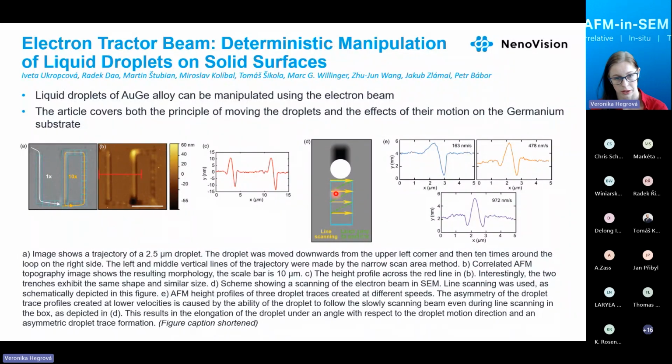When she scanned a line with the e-beam, it created this pattern. And as we can see in the topography, there has been quite a change in the height profile as well. So definitely there are many more experiments. If you have any question in any different research field, don't hesitate to write us.